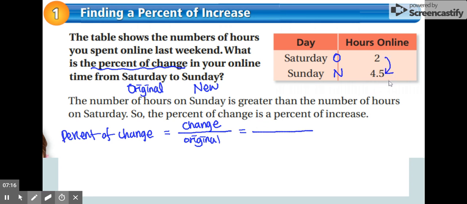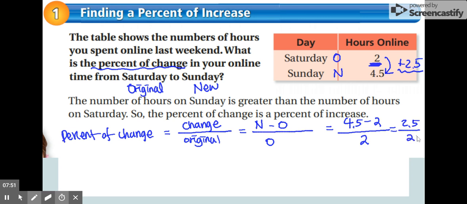Is it increase or decrease, by the way? It's increased. It's increased by 2.5, right? If you already found the change of 2.5, you can just put 2.5. If you want to use the definition, we subtract original from new and compare to the starting number, which is original. So 4.5 minus 2 over 2, so it's 2.5 over 2.